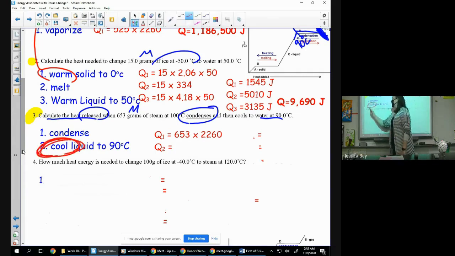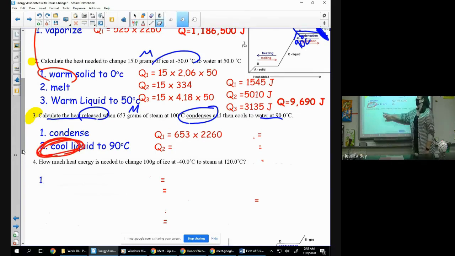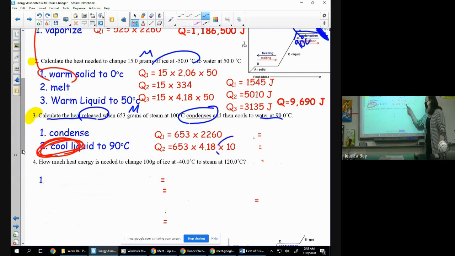So I need a delta T in there. It is liquid, so I'm looking at 4.18. Who can tell me how many degrees I am cooling? 10. People are like, oh, put a 90 in there, but no, we are at 100 and we want to go down to 90. That is simply a 10 degree delta T.